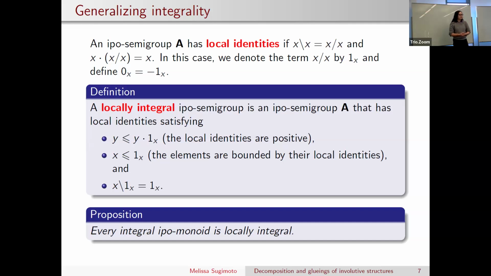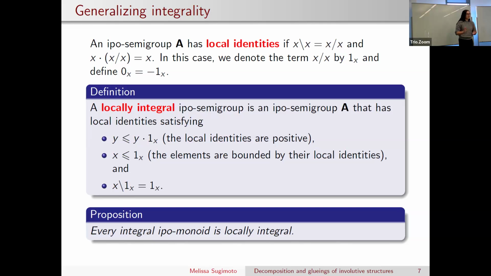If we're in the setup where we have these left and right residuals defined from our involutions, and we get that x under x is always equal to x over x for all x, and we get one more thing, that x times this term is again x, well then this term is sort of acting as an identity for x. You multiply it by x and x stays there. So we call that a local identity.